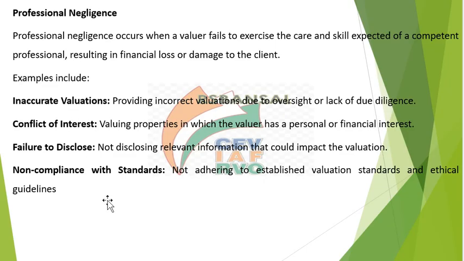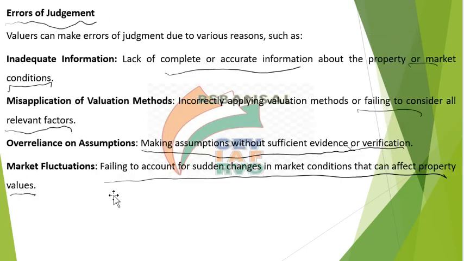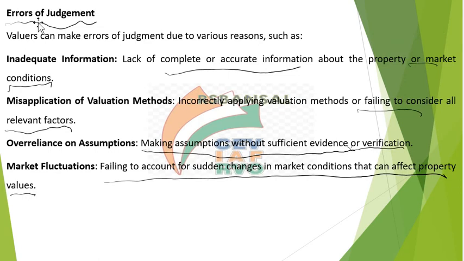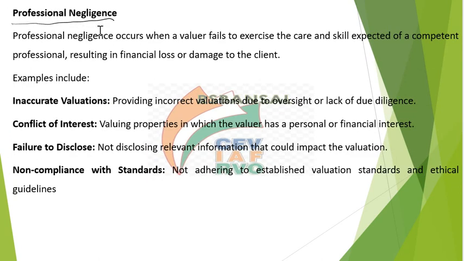Second thing, there is a difference between error of judgment and professional negligence. So this is negligence, that is error of judgment. So what is professional negligence? When does it occur? Professional negligence occurs when a valuer fails to exercise the care and skill expected of a competent professional, resulting in financial loss or damage to the client.